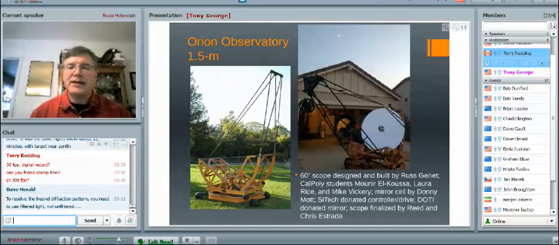On the picture on the right, about a week and a half ago, it had first light, 60 inches, able to be moved around. I'm not sure what the weight is, but I don't think it's too much more than Big Blue. So it's eminently portable, although it may not be able to be set up quite as easily as Big Blue in less than 30 minutes. Next slide.